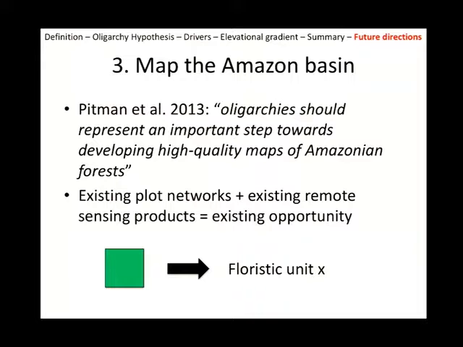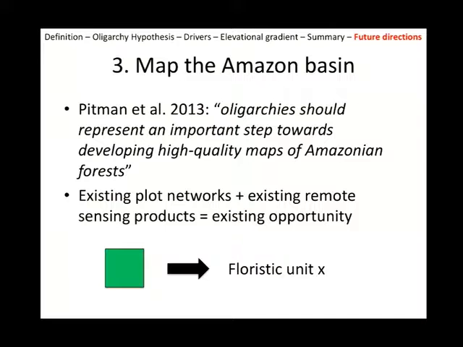And all these people are willing or interested in joining forces to do the map. Another important thing is that now we have freely available, or more easily accessible, remote sensing products. And this is important because remote sensing products are unable to record the presence of rare species.